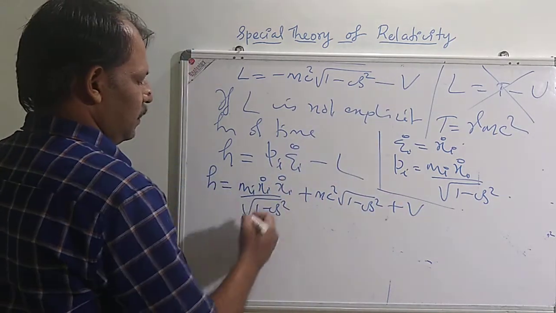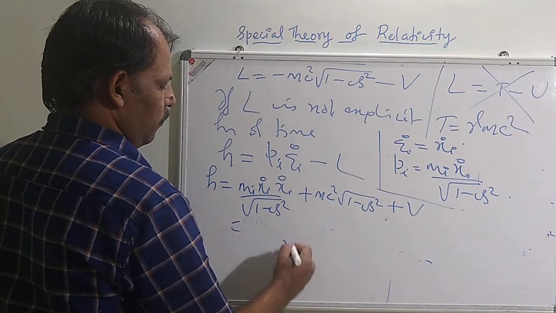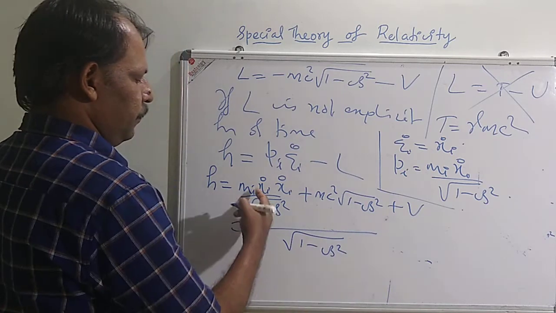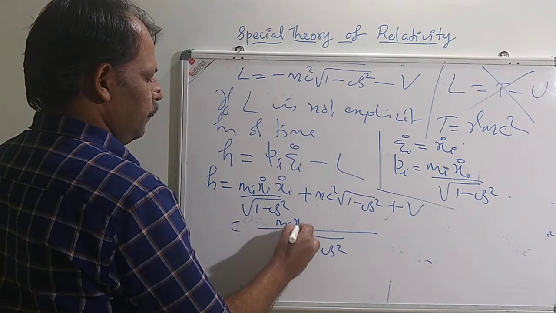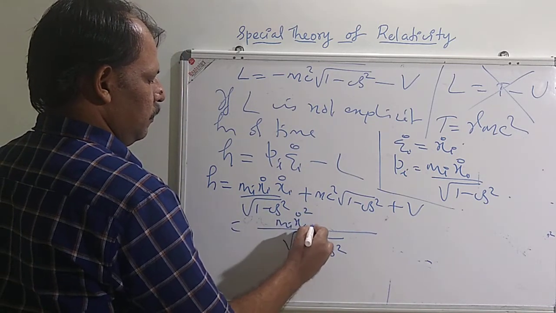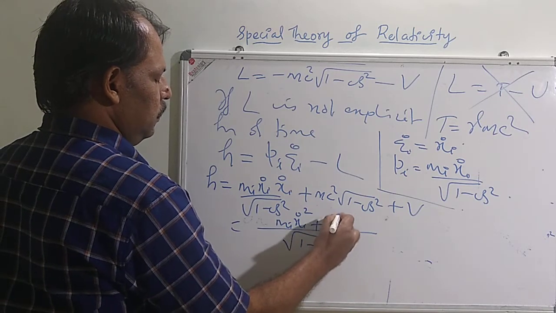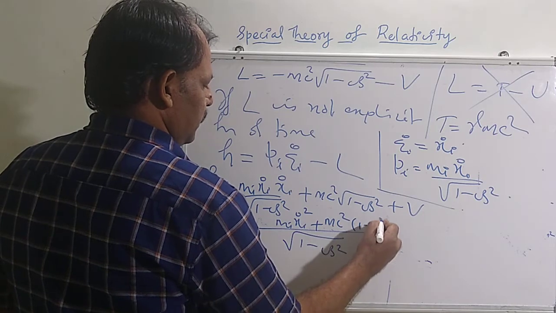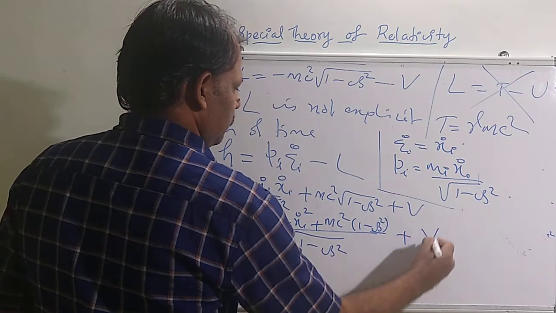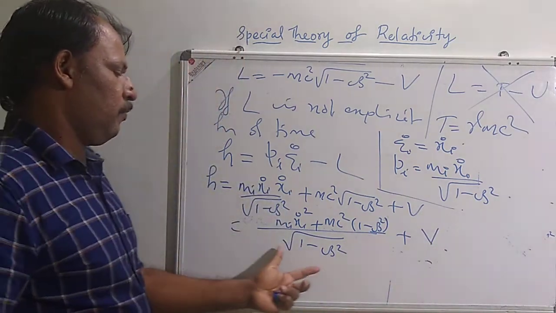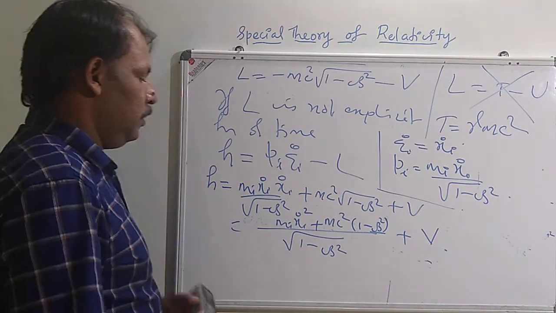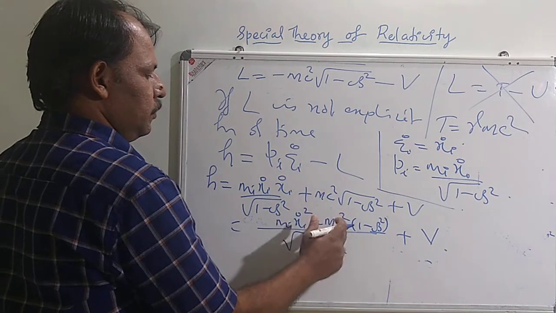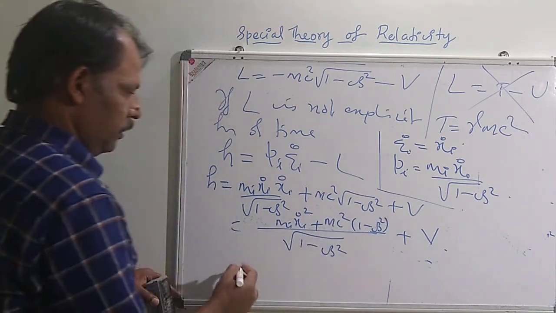This is m_i xi dot square. Taking root of 1 minus beta square common from the first two terms, this will be m_i xi dot square plus mc square into 1 minus beta square, taking root of 1 minus beta square as LCM. We can simplify this as m_i xi dot square plus mc square into 1 minus beta square.